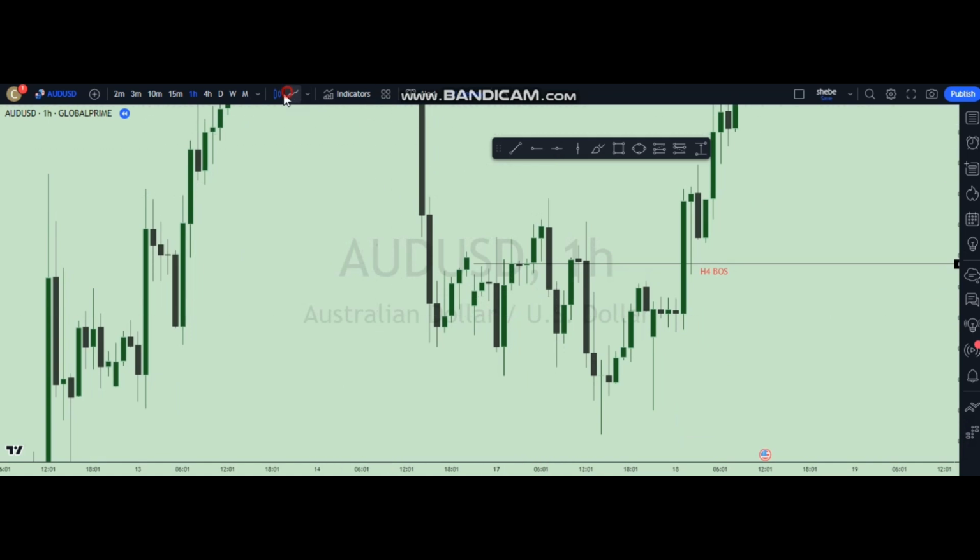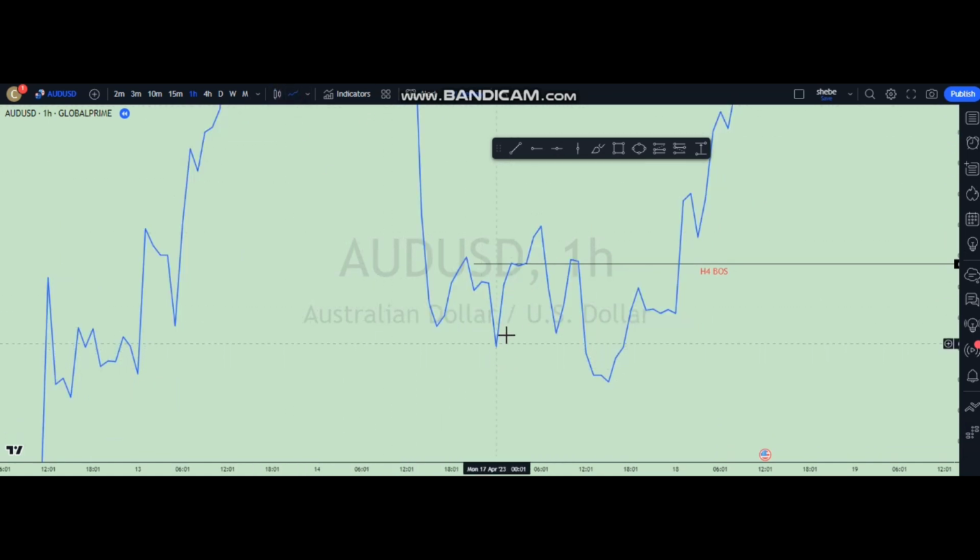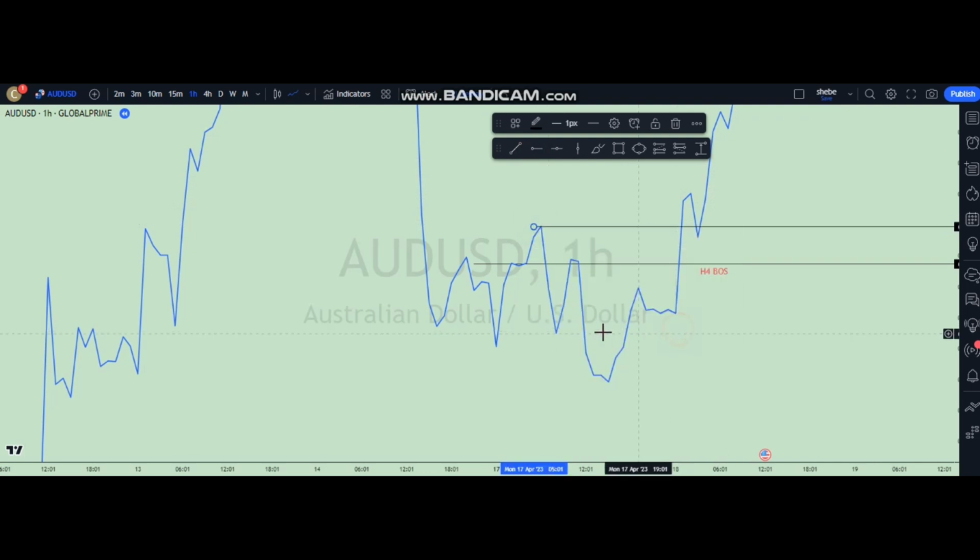If you want to look at it fresh, just use the line chart and see this was low, this was high, then they broke. When the price came, it closed below here, it closed above here, and hence this one became the 1 hour break of structure. I repeat again, this was low, and this was high.